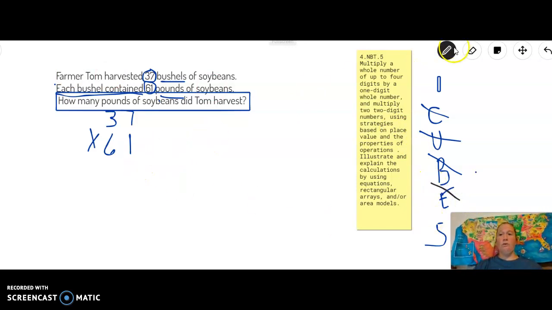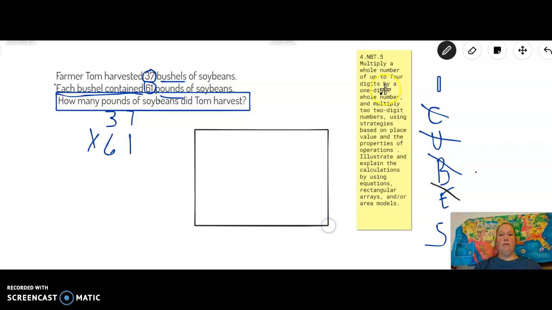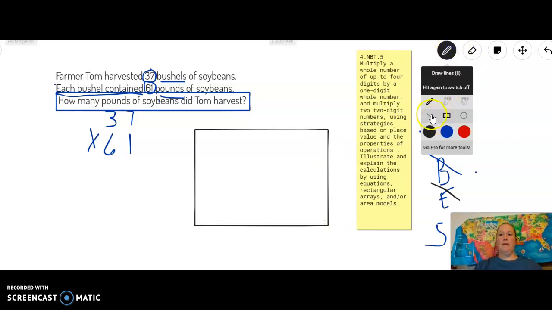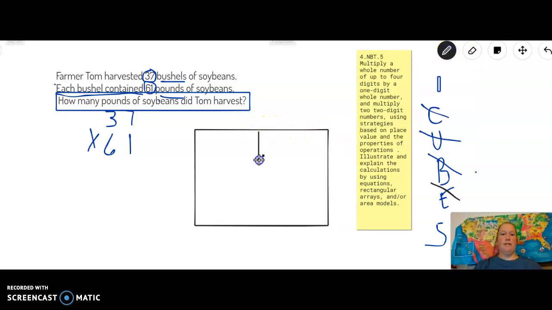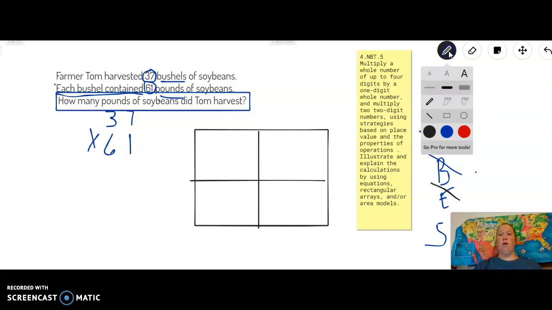So let's go ahead and do that box method from yesterday, and then we can add it up with our partial products. Okay, we got our box. I like to make it with this. It just makes it a little easier. If you have paper and pencil, you can do it along with me.